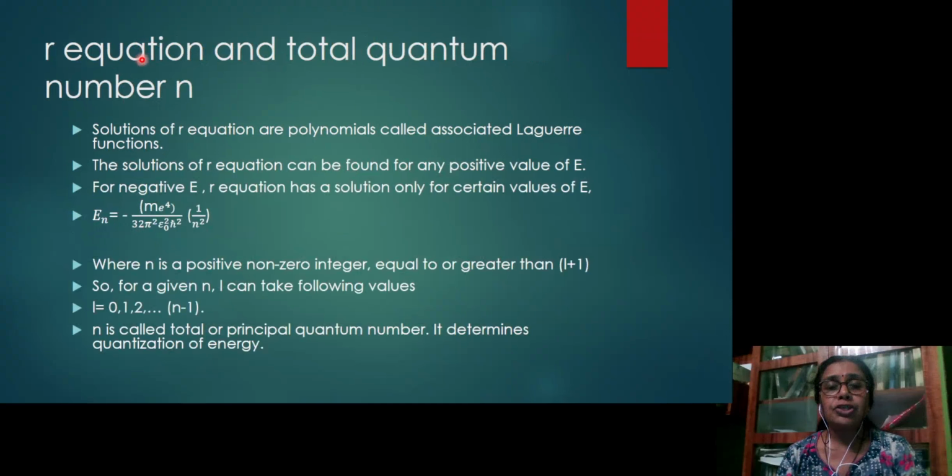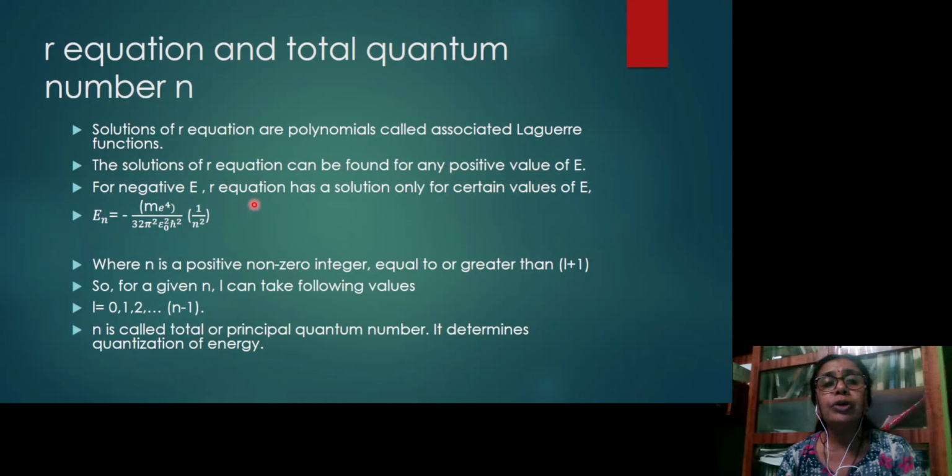The R equation. If we find the solutions of the R equation, these are also polynomials, which are called associated Laguerre functions. We are not going to derive it, but we should remember that the solutions of this R equation can be found for any positive value of E. But please remember that the hydrogen atom is a bound system and every bound system has negative energy.